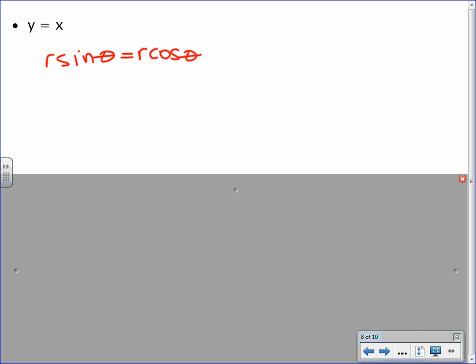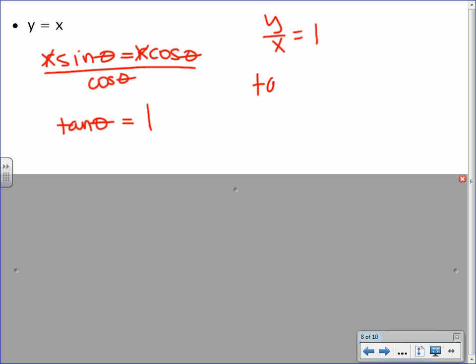We can divide off r. What do you say about cosine? Okay, if I divide both sides by cosine, I'm left with the tangent of theta equals 1. Jamie's suggestion was, can you make this y over x equals 1, and then you can have the tangent of theta equals 1.